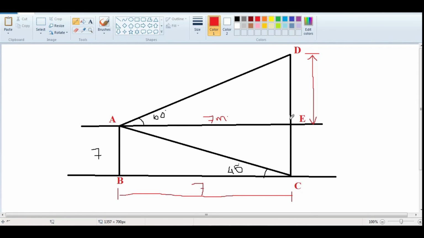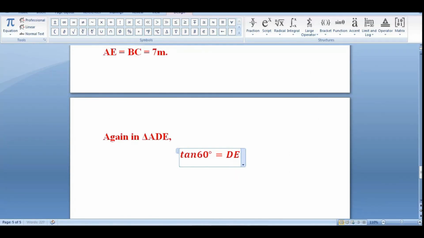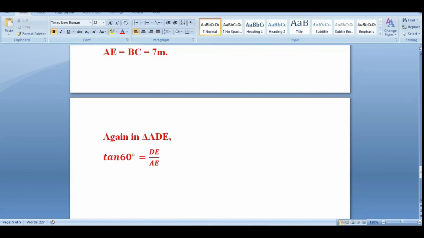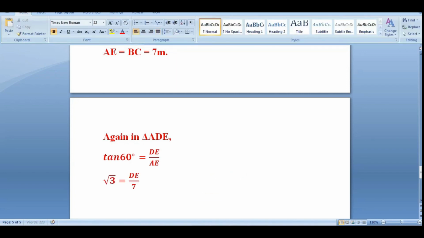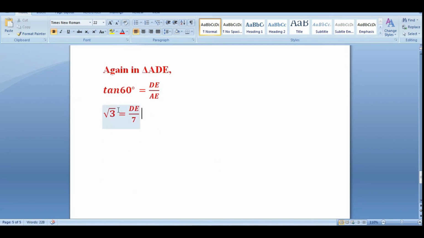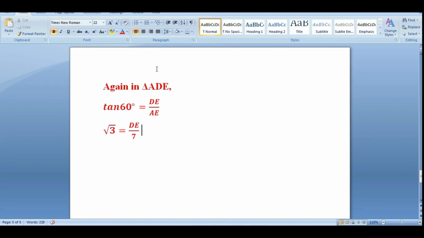Its perpendicular is DE and the base is AE. We all know that tan 60 degree value is root 3, and DE is unknown length, and AE is already we have found out, it's 7 meter.